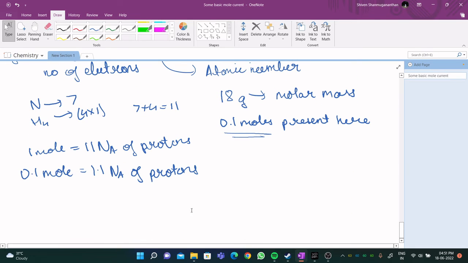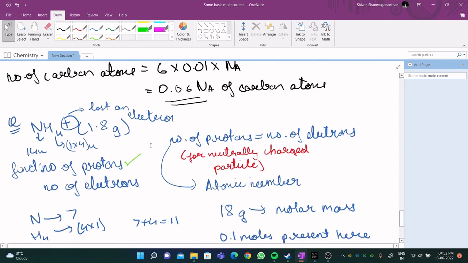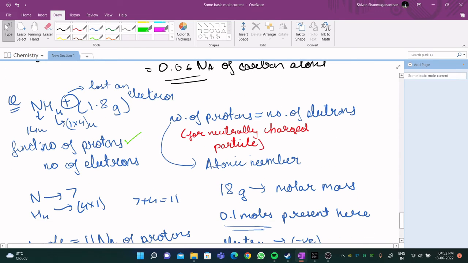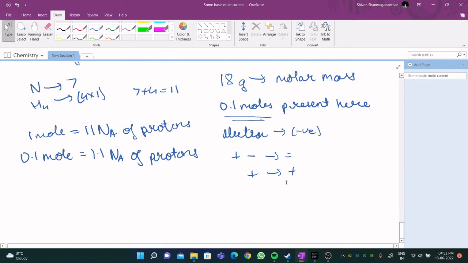For more clarity, the electron is negatively charged. If you have a positive and a negative charge, they give you a neutral charge. But if you remove the negative charge, you just get a positive, and that is what has happened here. It lost an electron, and hence it is slightly more positive than it was earlier.